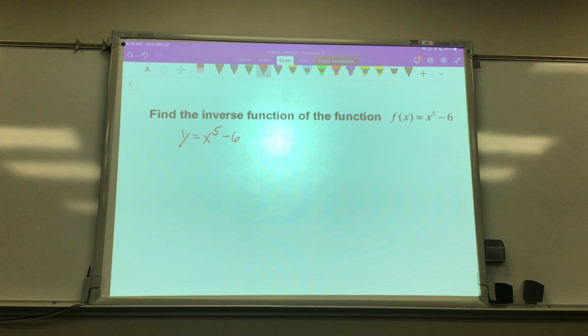When I flop x and y, what do I have? x equals y to the fifth. Good. Solving, next step. Add 6. Spanner, what's the last step then?